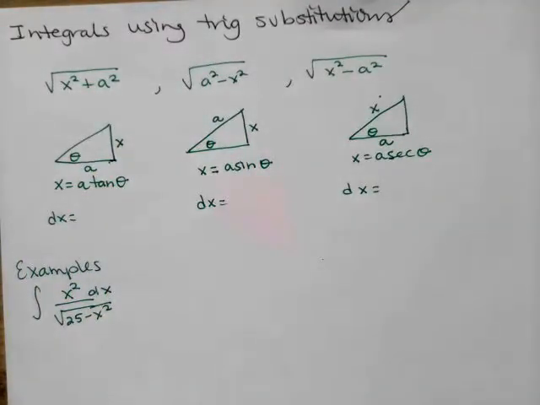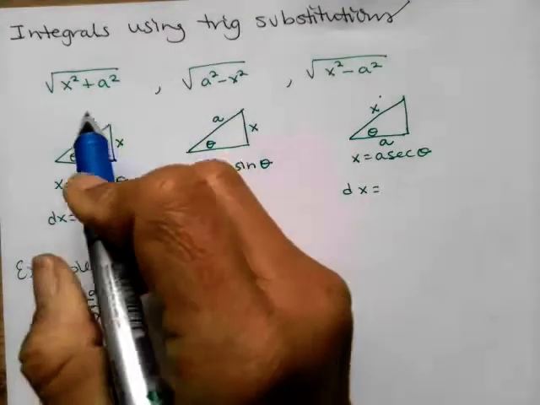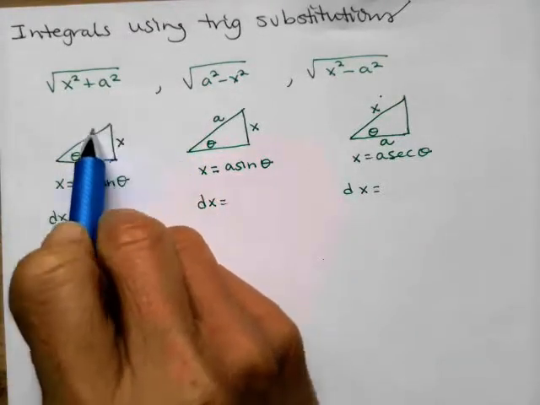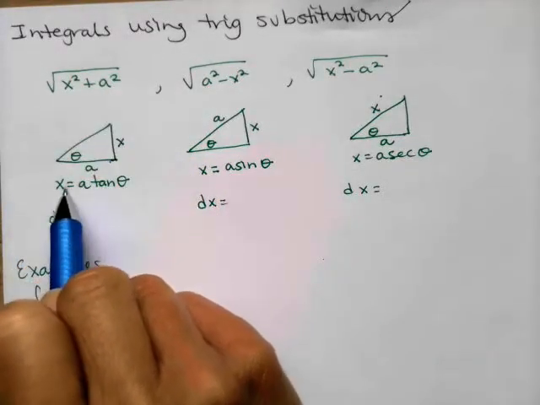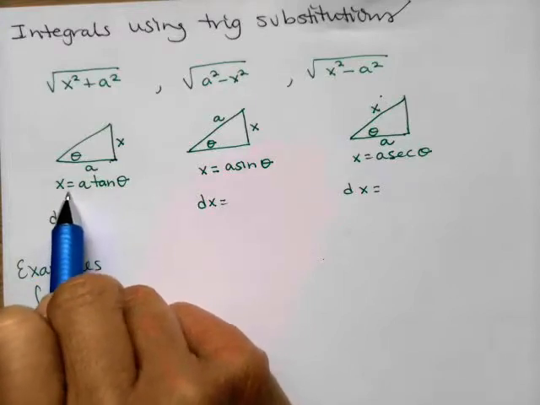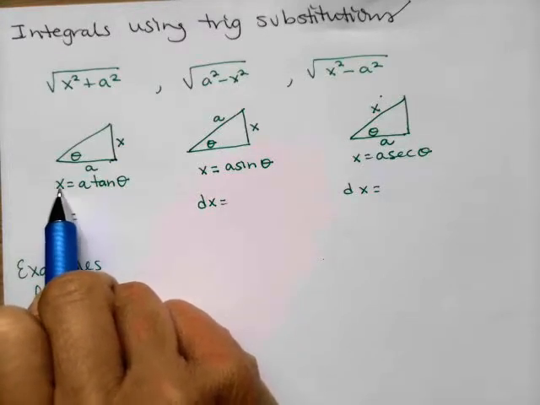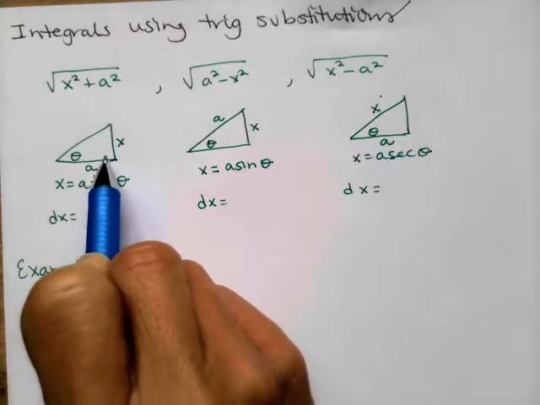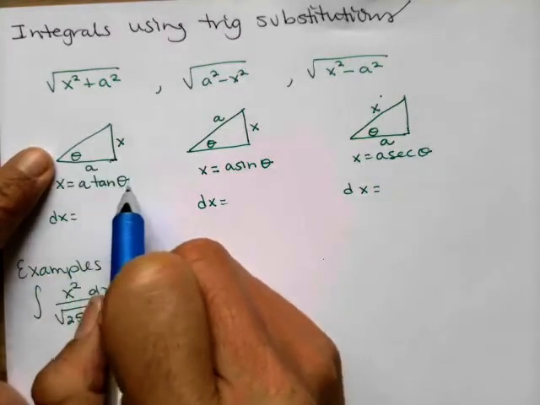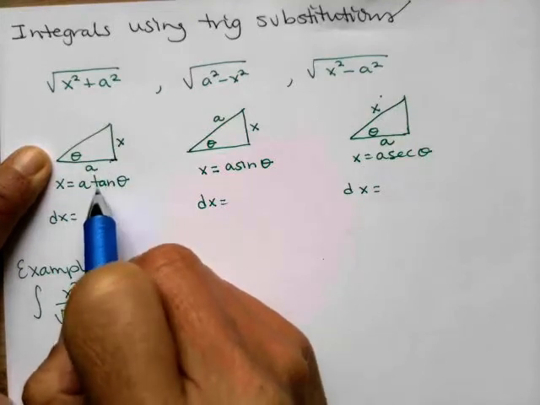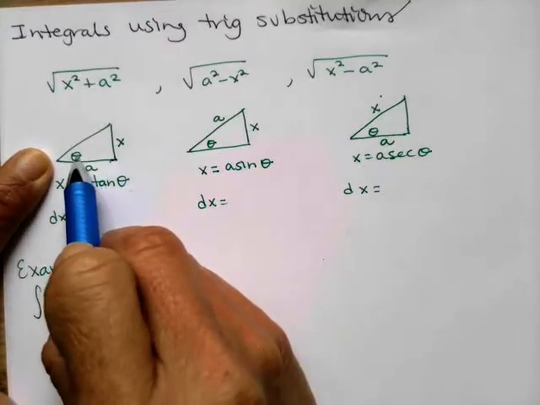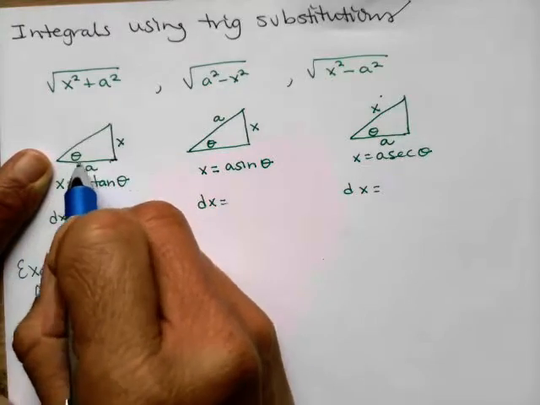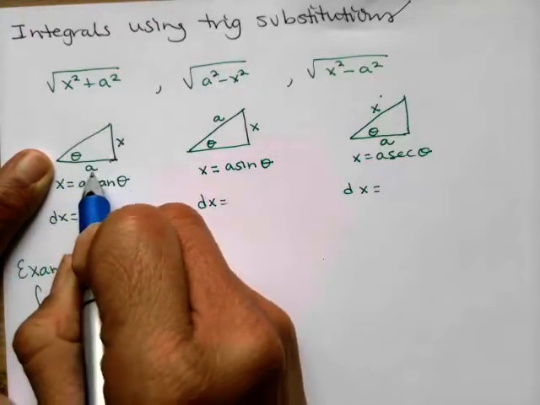These usually lead to triangles. So if you have x squared plus a squared, the triangle that you have looks like this. And we let x, so this is the substitution that we're going to make, we're going to substitute for x a times tan theta. So I have drawn the triangle, so theta is your angle, and I've labeled my sides so that the tangent of theta is x over a, and that's opposite over adjacent.